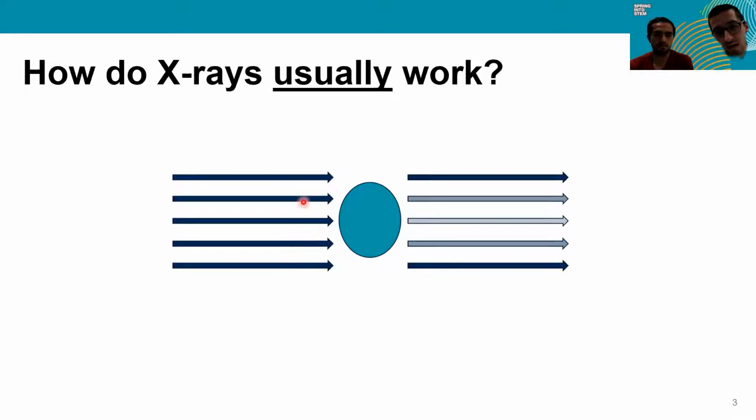And you can see that if the X-rays don't go through the object, they have the same intensity. But if they go through the object, they have lower intensity. And using this, we can have a nice image that tells apart, let's say, teeth, for example, from gums. This is one of the basic things that happen when X-rays interact with matter, and it's called attenuation contrast when we're talking about imaging. And this works fairly well.